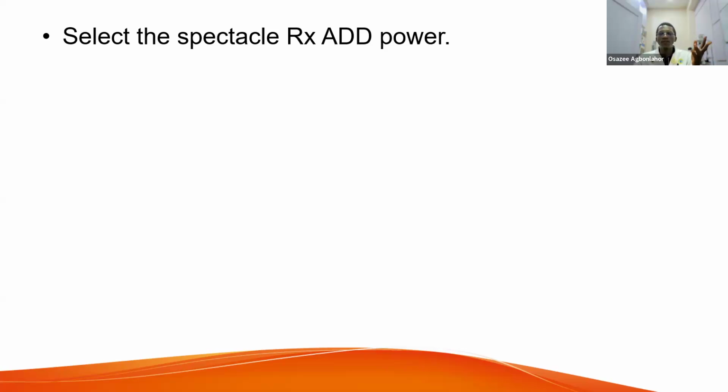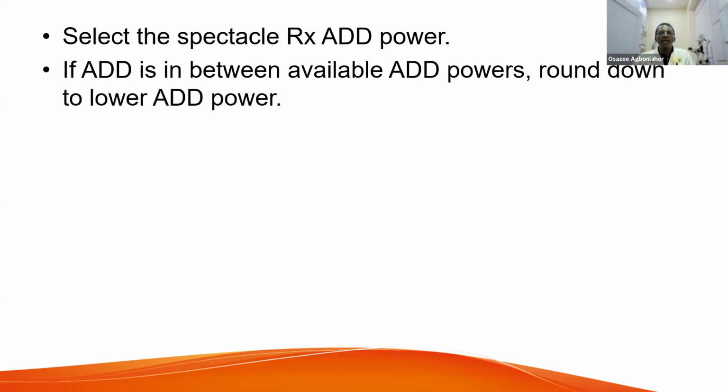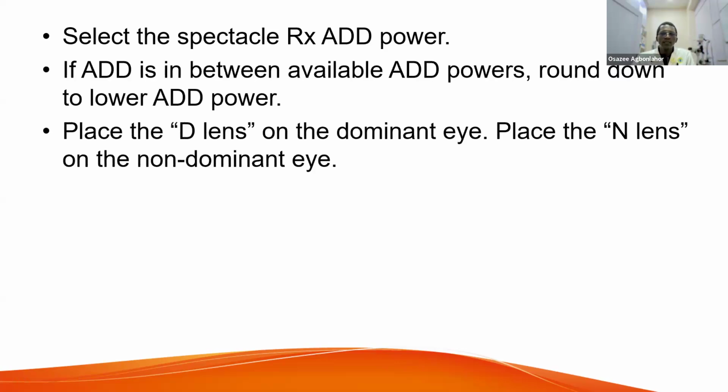So low add is usually from 0.75 to 1.25, medium add from 1.50 to 1.75, and of course high add from 2.00 to 2.50. Anything higher than that is also high add. Okay. So sometimes you will see them not writing the add on the contact lens. They'll just tell you low add, mid add, high add. You should be able to know the add power it amounts to.